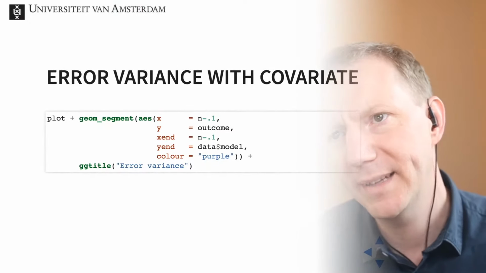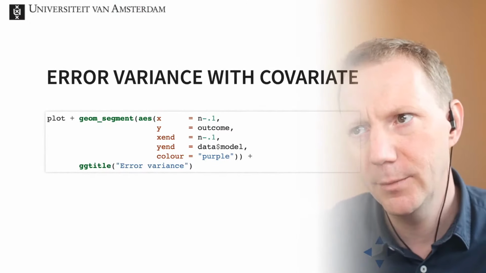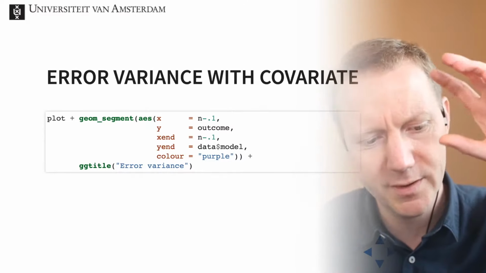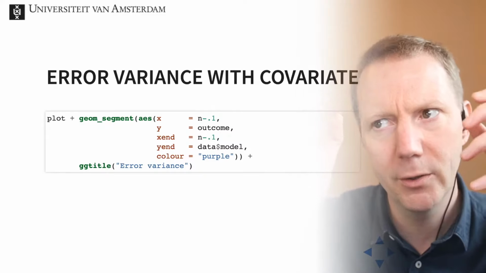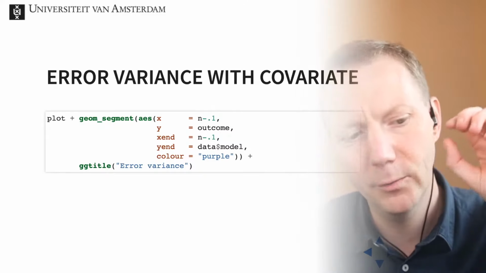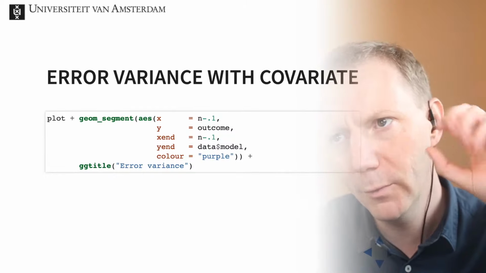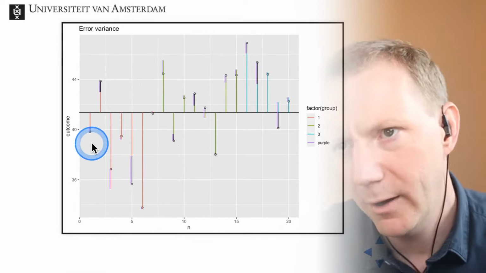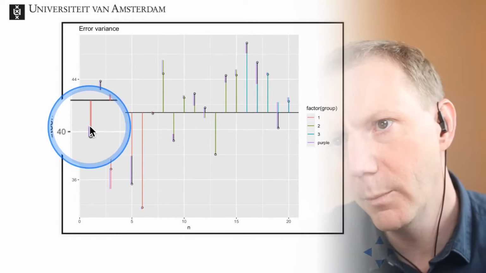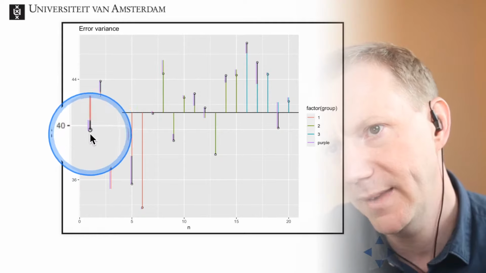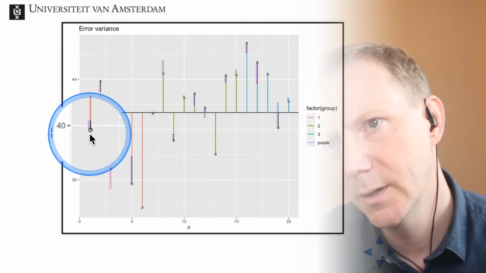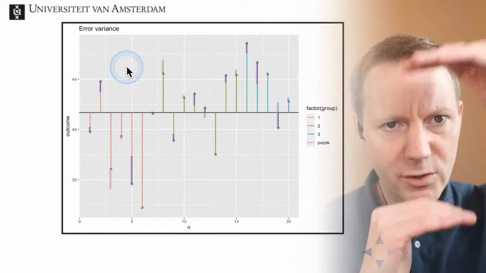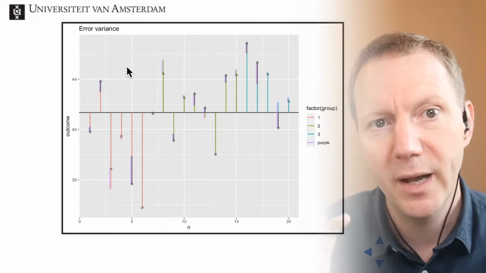So if we're looking at the error variance of the model where you combine the covariate with the grouping variable, then the purple parts are the error, and that's the difference between what the model expects and the actual scores. So we've reduced the amount of error that we have by combining these two.